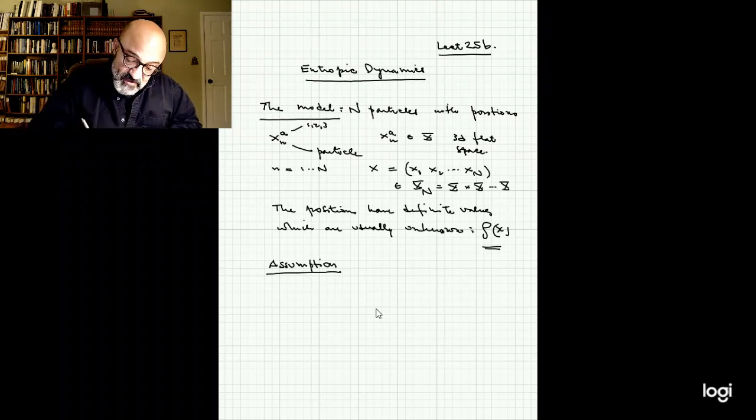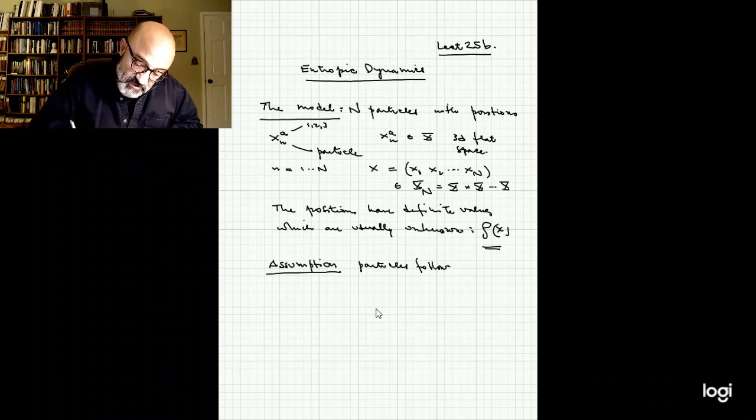The particles follow definite trajectories. Particles follow continuous trajectories. Why is this important?